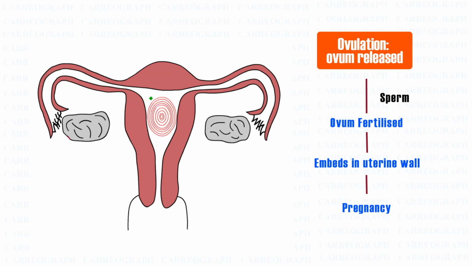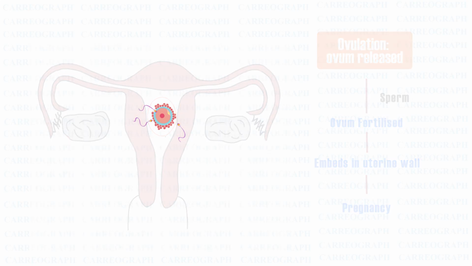When the ovum and one sperm unite, we call it a zygote. And this zygote slowly travels through the fallopian tube, enters the uterus and embeds in the innermost layer of the uterine wall, the endometrium, where the bed is prepared initially by estrogen and later by progesterone.